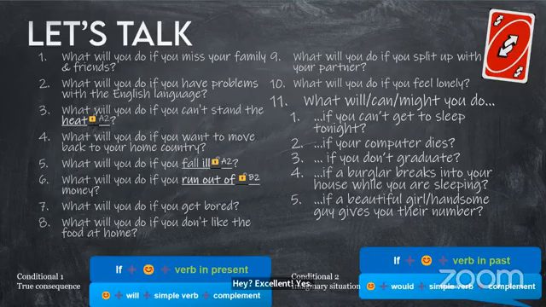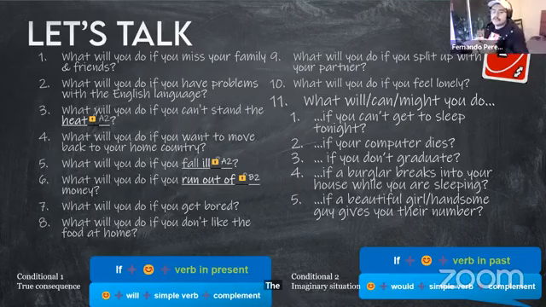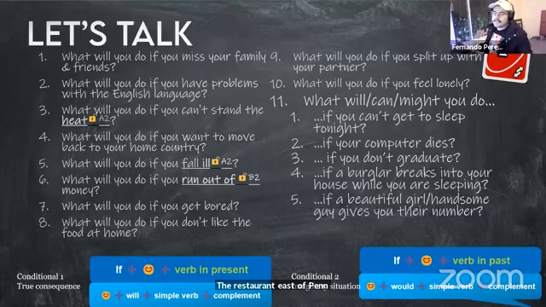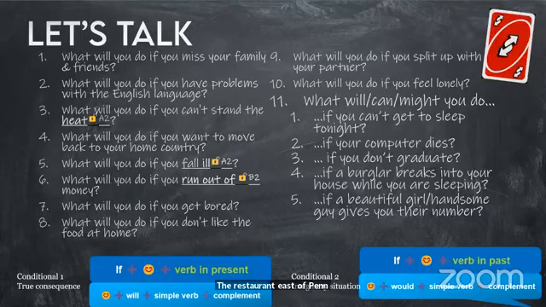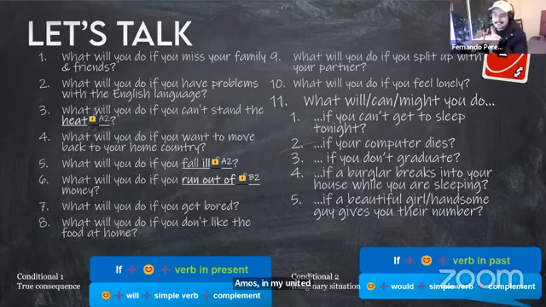I can order hamburger, if the restaurant is open. Close. Are you talking about imaginary situation or real consequence? Imaginary situation. So you cannot use can. Will. Exactly. Repeat.